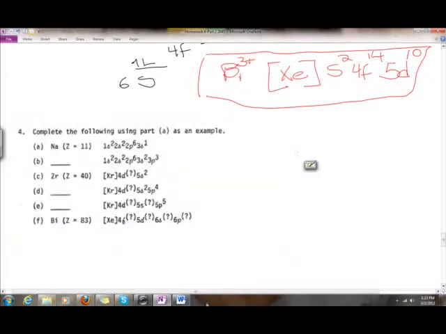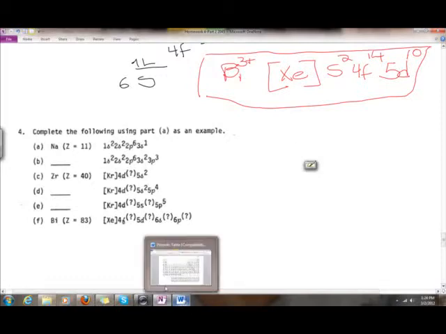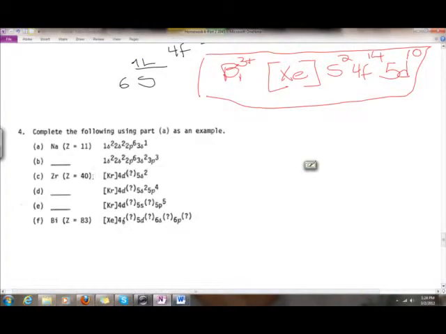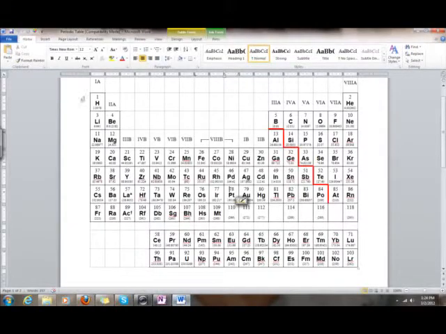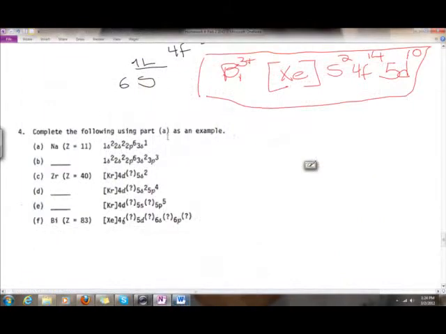Where is it? Let's look at it on the periodic table. 1s2, 2s2, 2p6, 3s, 3p. So we are on the second and the third period, right? And we have 3 electrons on the third period p. 1, 2, 3. Of course, we don't have the D. So it would be here, phosphorus 15.